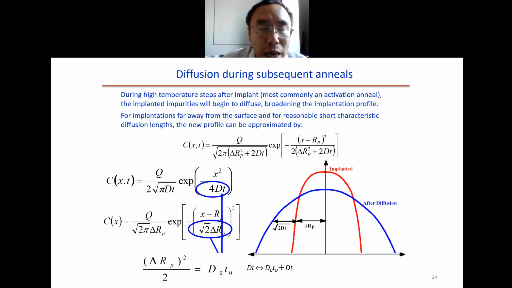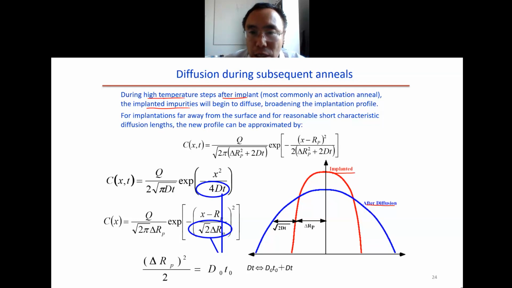We know that after implant, we always need a high temperature annealing process. During this high temperature annealing, the implanted impurity will begin to diffuse. For example, when this is implanted, after further diffusion, it becomes this blue curve. So we start with the red curve from implantation. After diffusion, we form this blue curve.